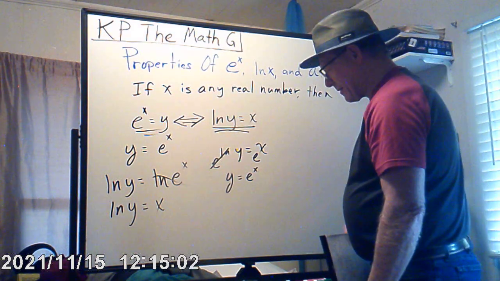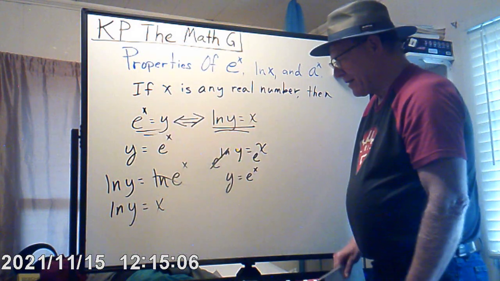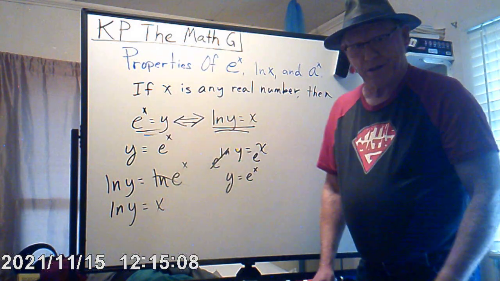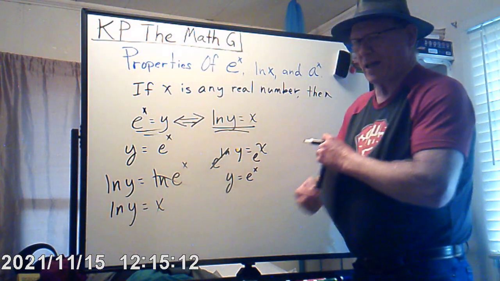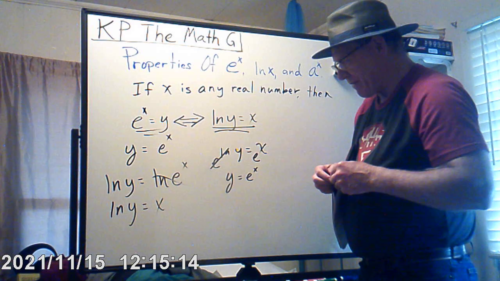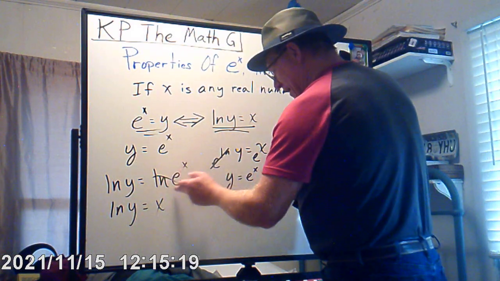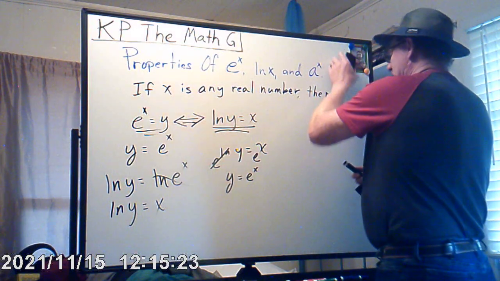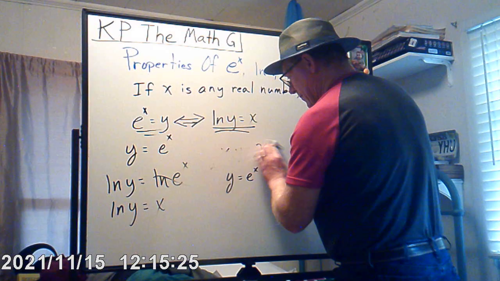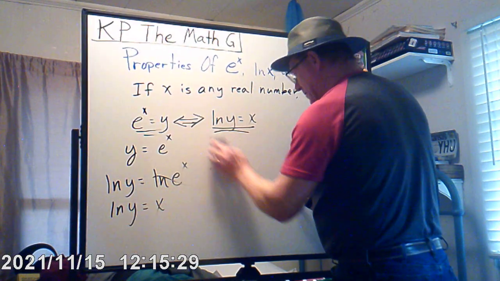Alright, and so that's what that simply means. They cancel each other out. They're inverses of each other, and again, I hate to say cancel each other out, but they're inverses of each other. Okay, so ln knocks out e knocks out ln. Let's go ahead and look at a couple of examples with this.